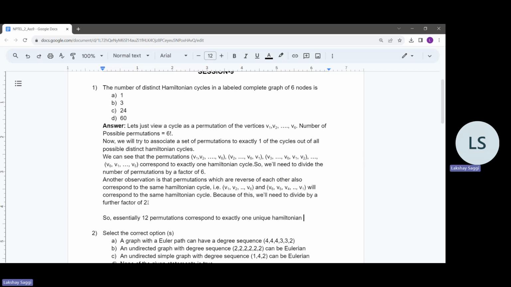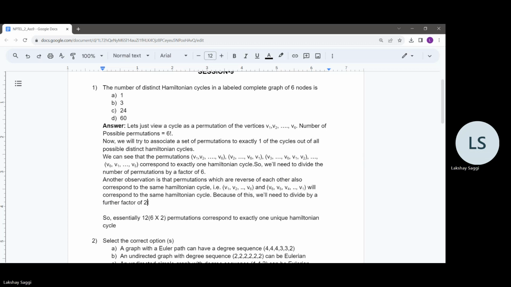Because in a cycle, we can only count in clockwise or anti-clockwise direction, and there are only 6 possible ways of starting the counting. So we have exhausted all the possible ways. And I obtained this number 12 by a factor of 6 times 2, because of this 2 and because of this 6, correspond to exactly one unique Hamiltonian cycle.